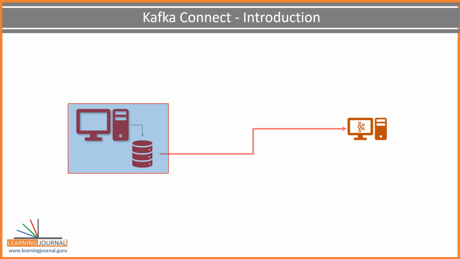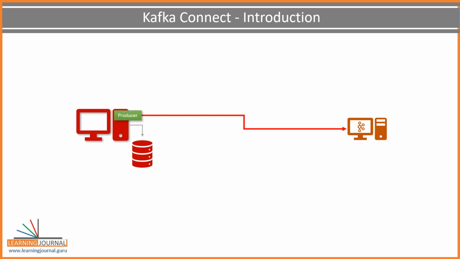If you have the source code of this invoicing application and it is practically feasible to modify your source application, then you can create an embedded Kafka producer using Kafka Producer APIs. The embedded Kafka producer becomes part of your source application. It runs inside the application and sends invoices to the Kafka cluster.